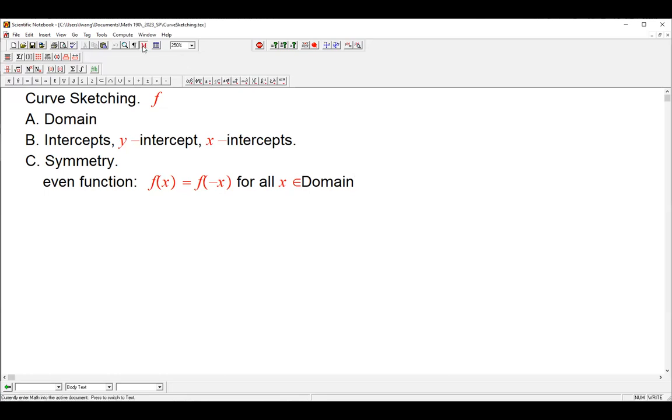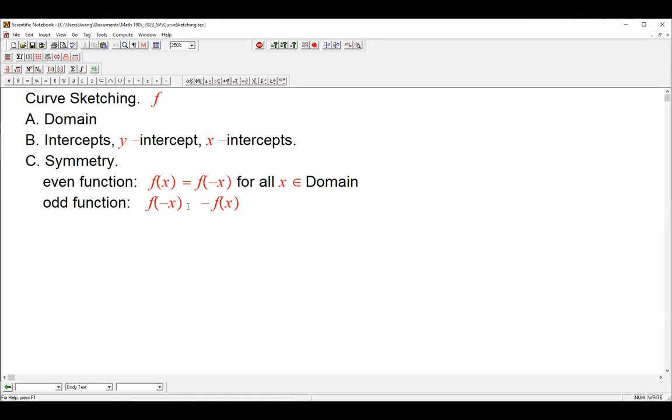And odd function, and we certainly have learned these before. An odd function is when the inputs are opposites, the outputs are opposite as well.